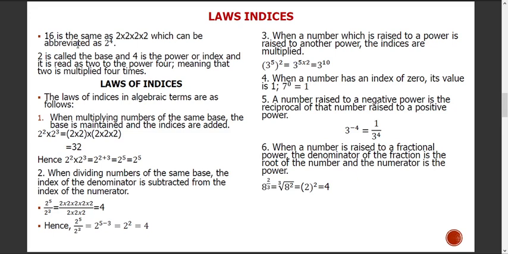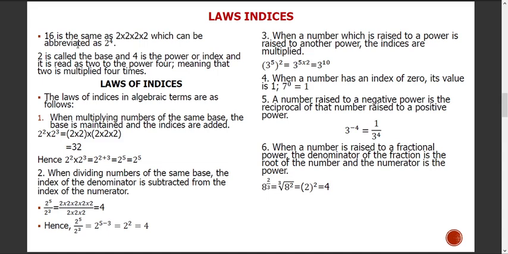So for example, if we have 2 to power 5 and we are dividing it by 2 to power 3, we maintain our 2 and then subtract 3 from 5. So that will be 2 to power 5 minus 3, which gives us 2 to power 2, giving us 4.